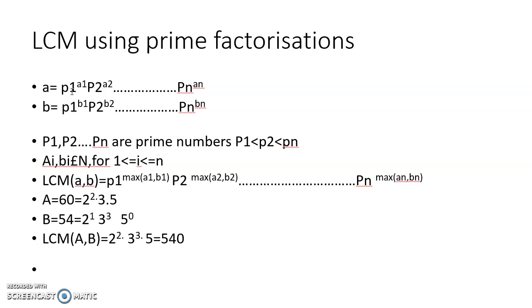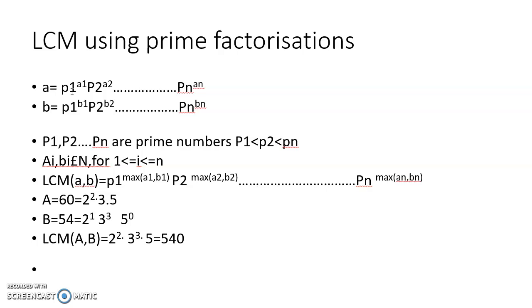So when we are taking the LCM of A, B, the first prime number P1 is 2 here, the second prime number P2 is 3 here, and the last prime number is 5. So LCM of A, B uses the maximum of A1, B1.